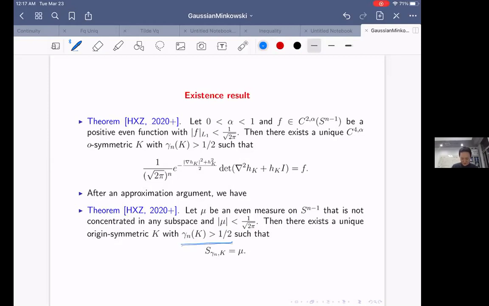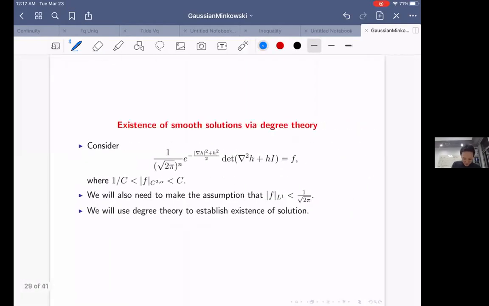And this one solves mu without any constant. It solves our original problem, right? So let me see if I have 10 minutes.